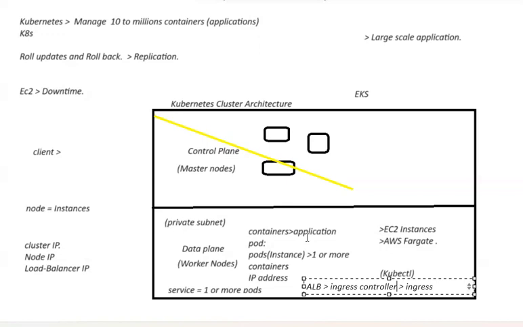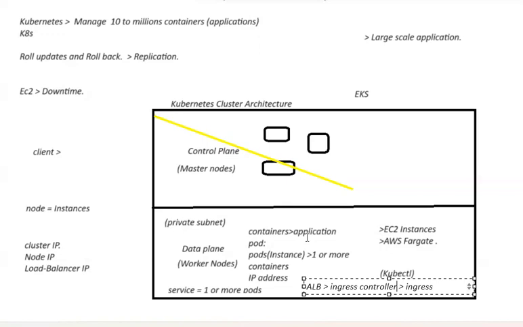When do we use EKS? We use EKS for large scale applications. And how can I automate everything under EKS except my application data? By using EKS and AWS Fargate, you can automate and provide a robust application.